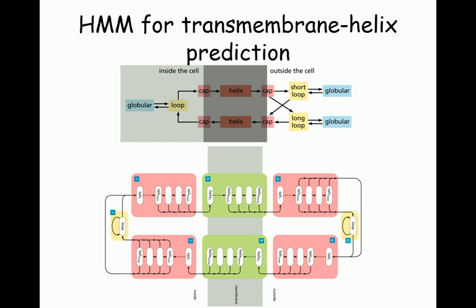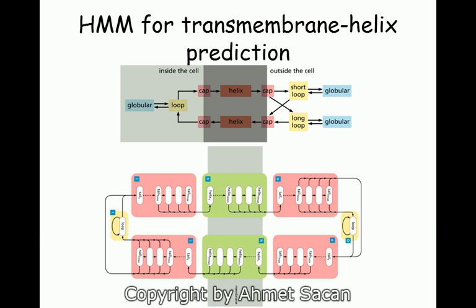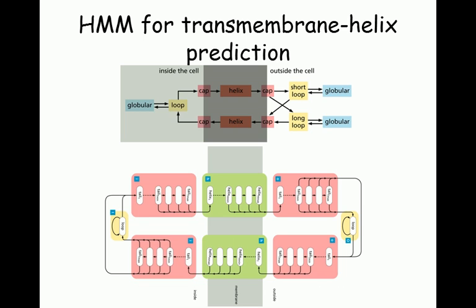There are also hidden Markov models for transmembrane helix prediction, and we've encountered hidden Markov models in multiple sequence alignments, where a family of proteins can be summarized as a hidden Markov model. Hidden Markov models can both evaluate whether a new protein is a member of that protein family, or can also be used as a generative method and can generate new sequences.